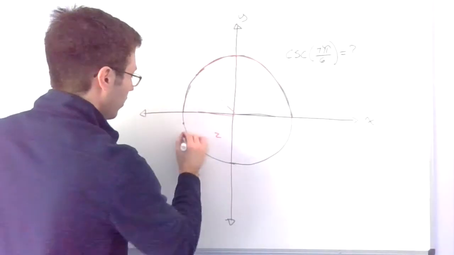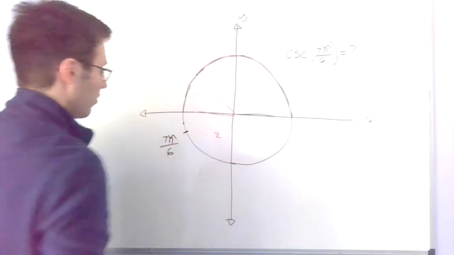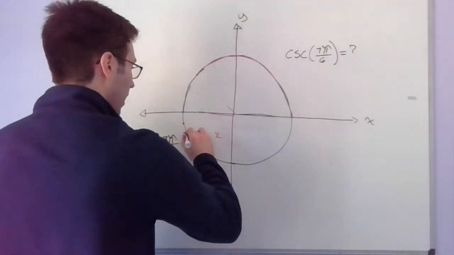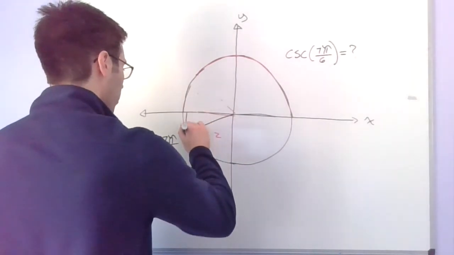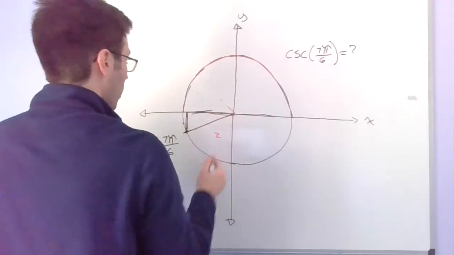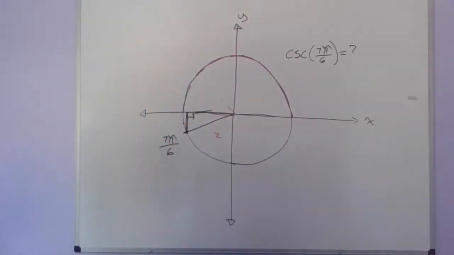So we're looking at this region right here. So this is my 7 pi over 6 value right here. If we're looking at that triangle produced here, to figure out what that is equal to, the first question is, is this number going to be positive or negative?